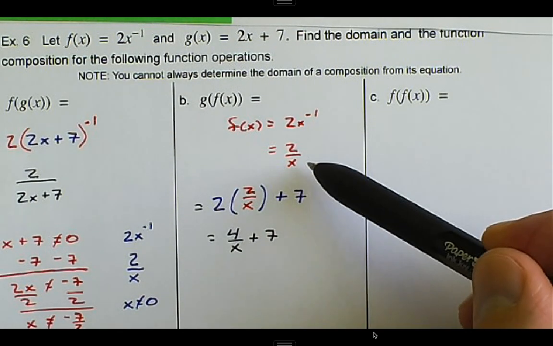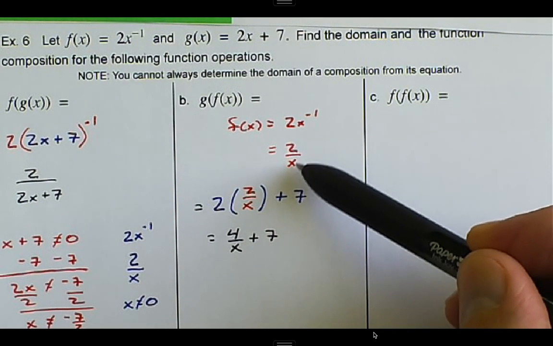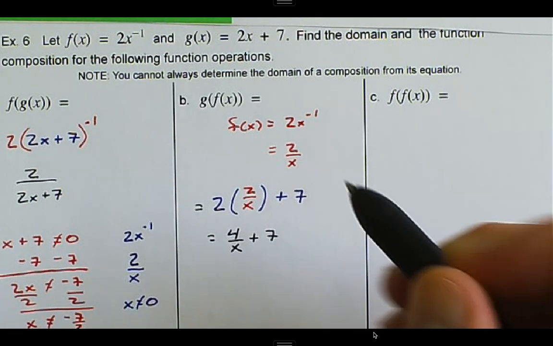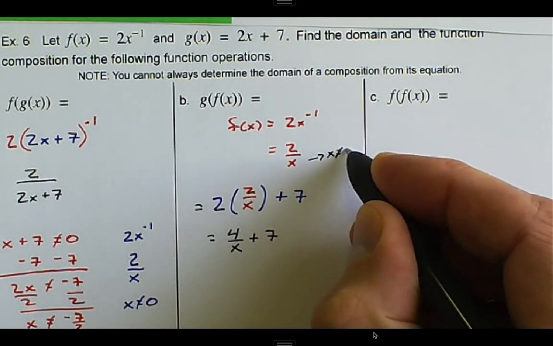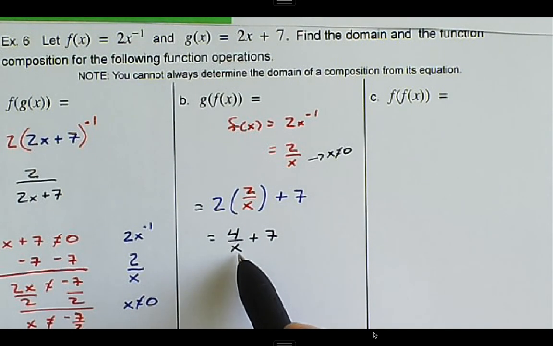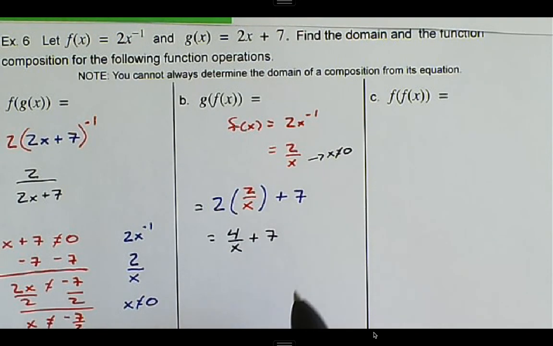So our domain is restricted twice. It's restricted here, x cannot be equal to 0. And it's also restricted here by the same thing, x cannot be equal to 0. So we can write our domain.